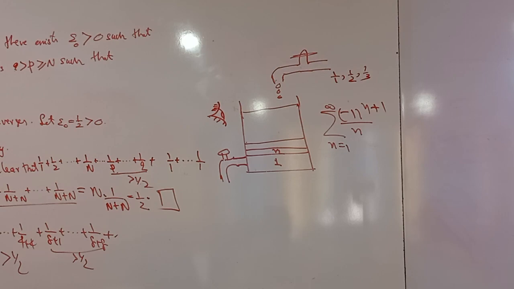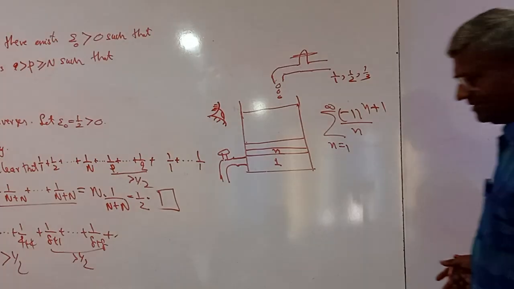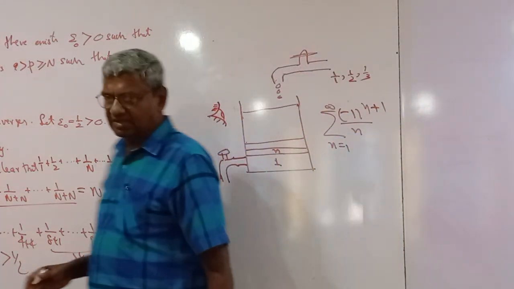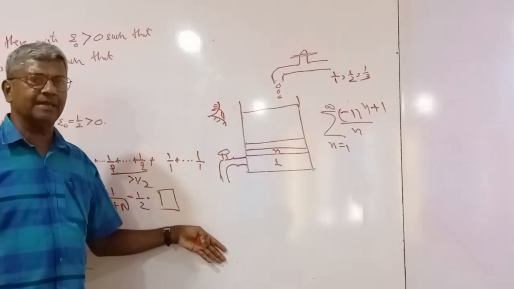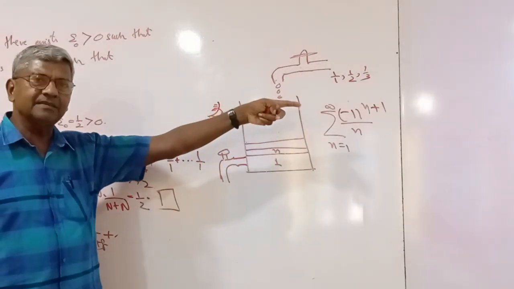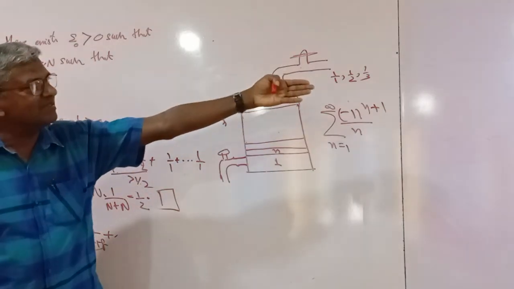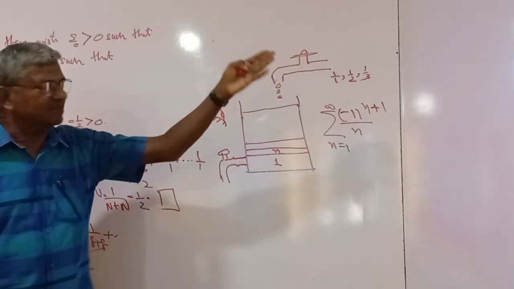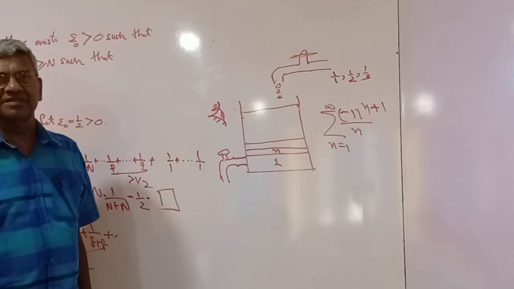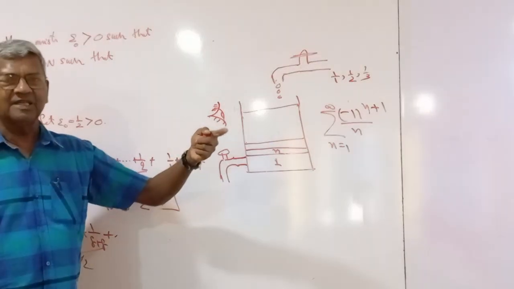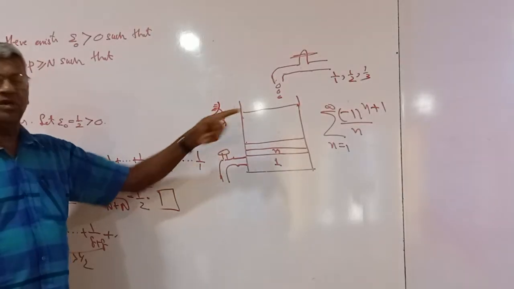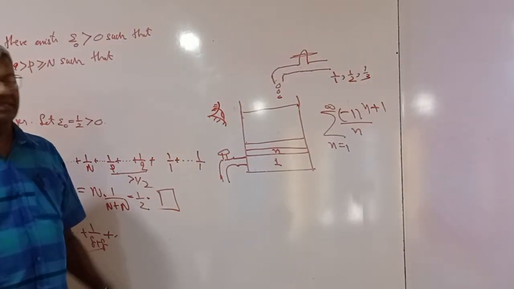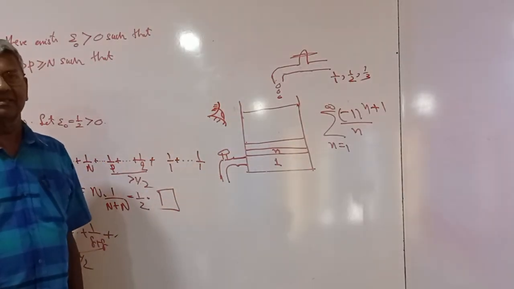You see what I'm saying? That is the meaning of a series being convergent. Because water comes from this tap, water goes out from this tap, but you look at here, can you see? That's what the Cauchy criterion says. After some time, no matter how many terms you take, the water level remains the same. That is what is happening.